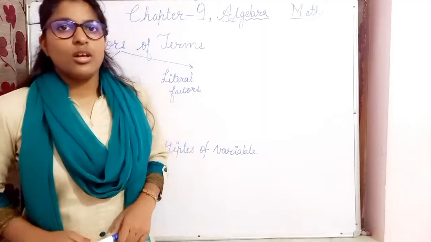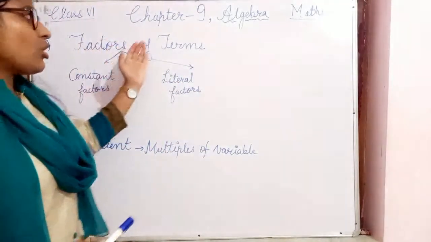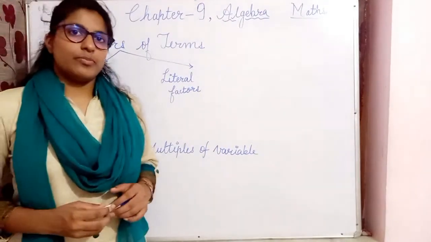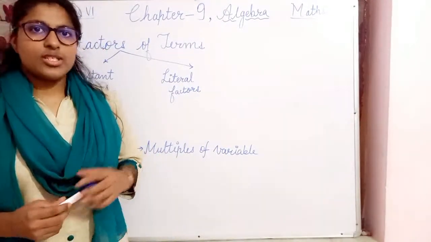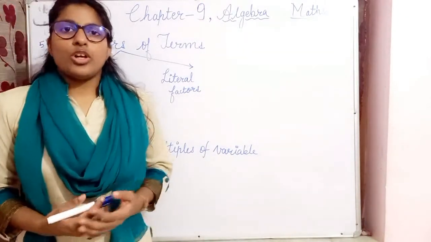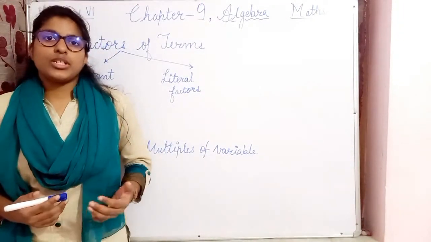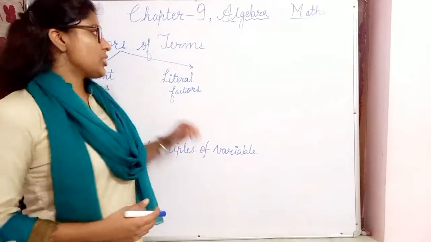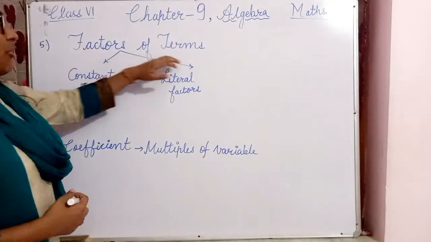Next topic is factors of terms. In chapter number 3, we have studied about factors. The same we are doing here. But how do we find the factors of a variable? We are not finding the factors of a variable. We are writing the variables in the expanded form. Now see here, factors of terms.